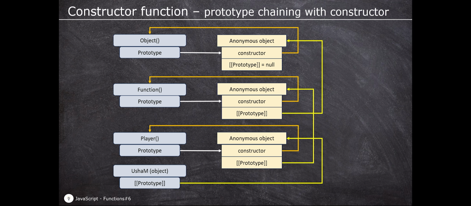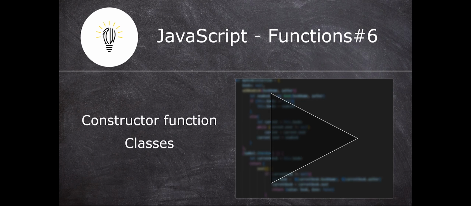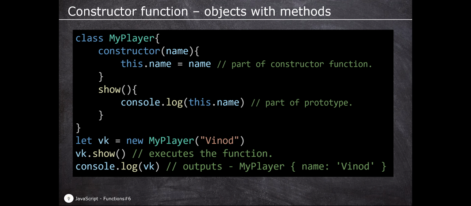We cannot conclude this video without discussing classes. Now, since the introduction of the class keyword, it has become very easy to use the constructor prototype pattern. So with the given code snippet, the property name of the class myPlayer becomes part of the constructor function, and all the methods, in this case the show method, become part of the class prototype.